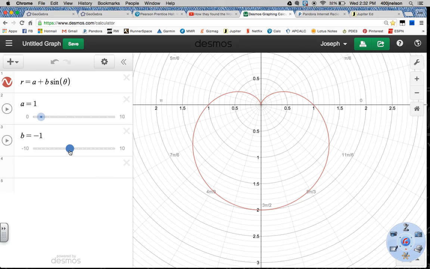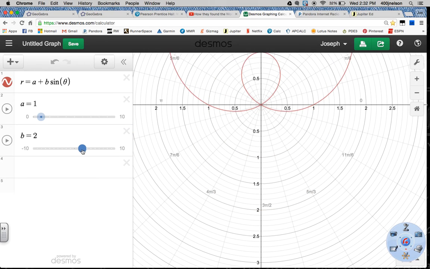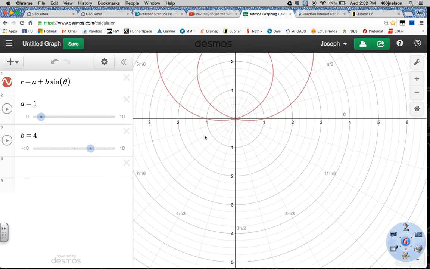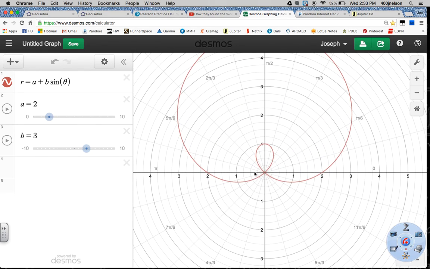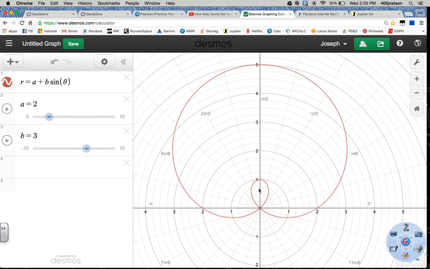What if it was less than 1? Notice I get that inner loop. It kind of looks like a cardioid, but it has an inner loop. If you graph it on your calculator, it looks a lot cooler when it has to graph because it does this little loop-de-loop-de-loop.